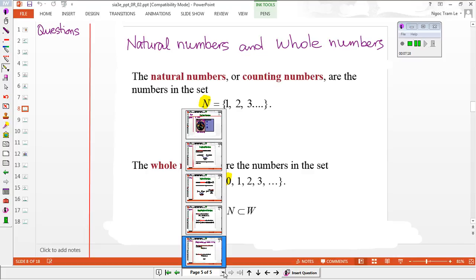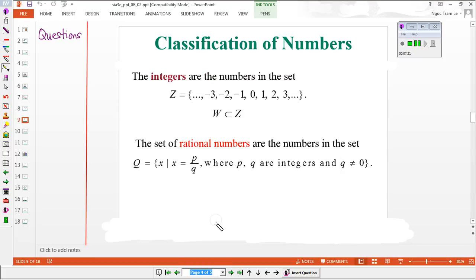Now we move on to integers. So here we are. Integers are the numbers in the set that you can see right here. Integers have negative numbers and the whole numbers in that.